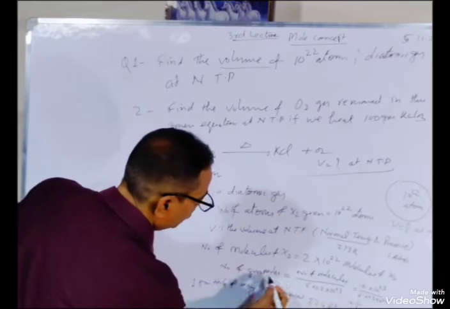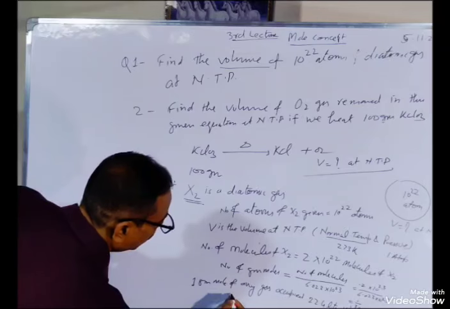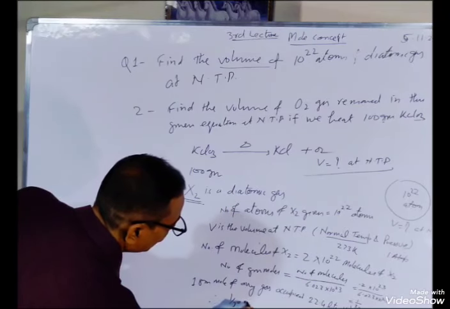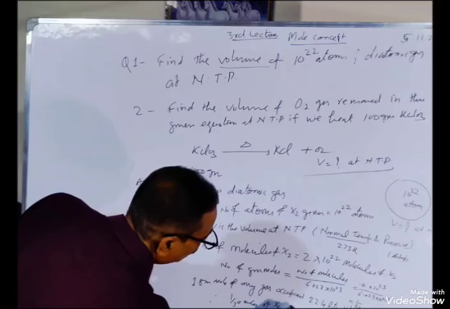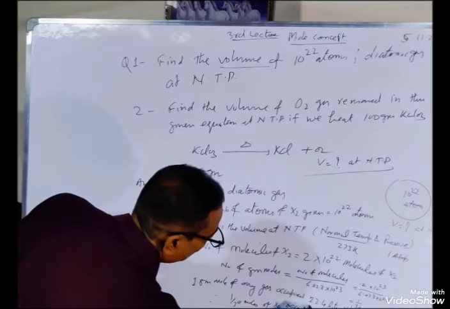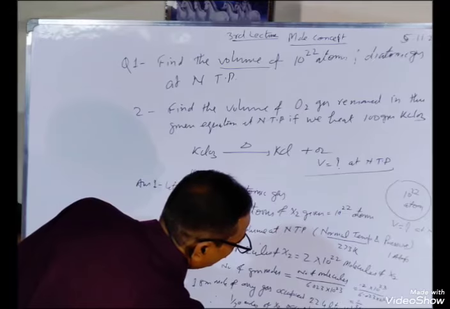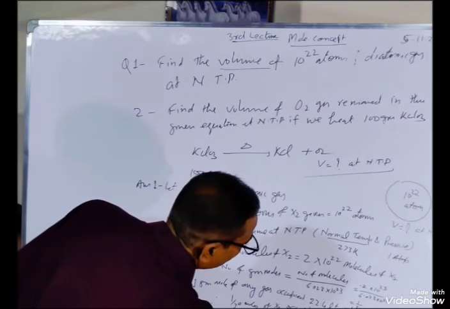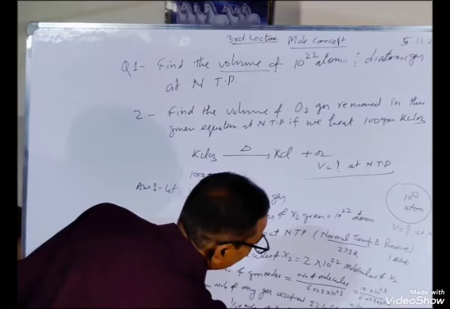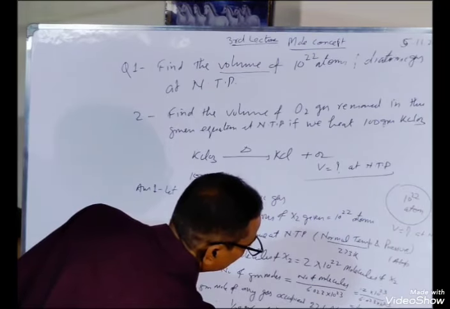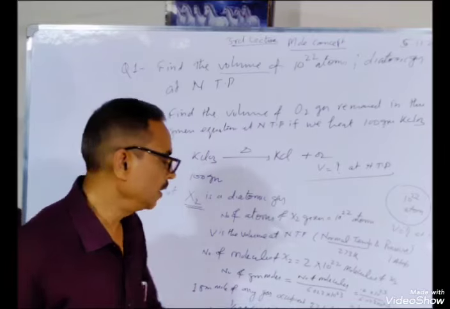So here gram moles is 1 by 30. Therefore 1 by 30 moles of X2 occupies 22.4 divided by 30 liter at NTP. So this is the answer, 22.4 by 30 liter at NTP.